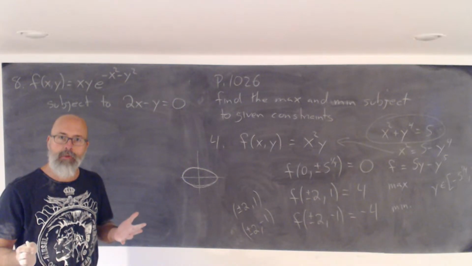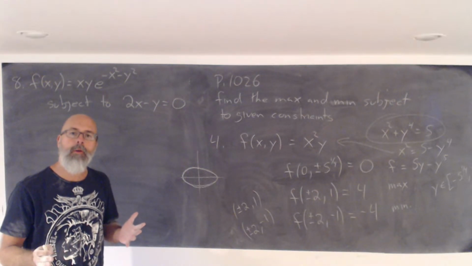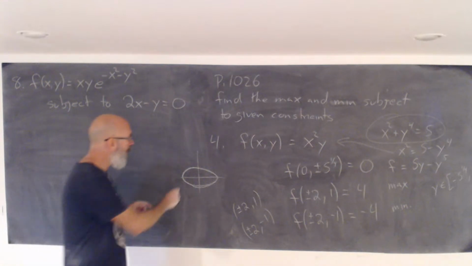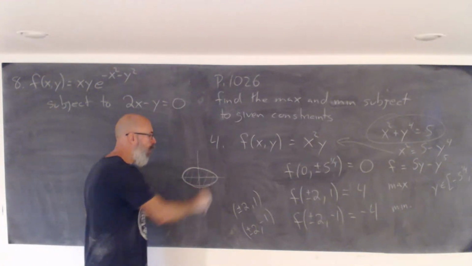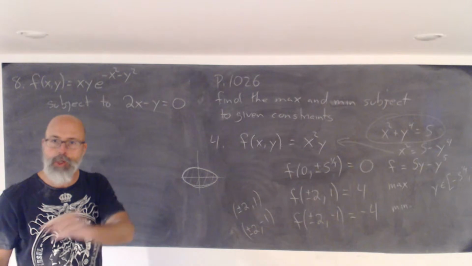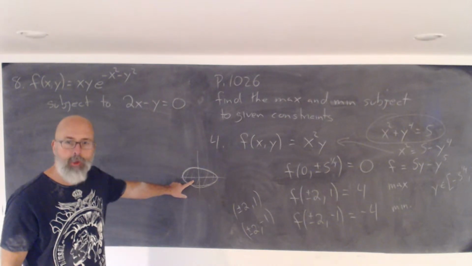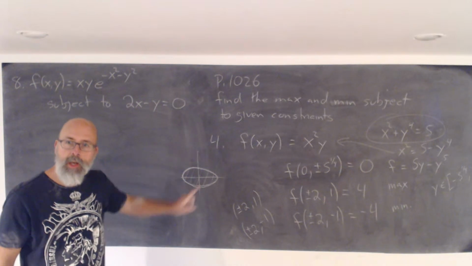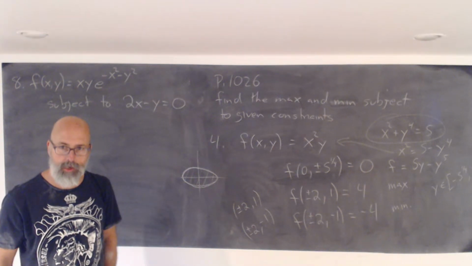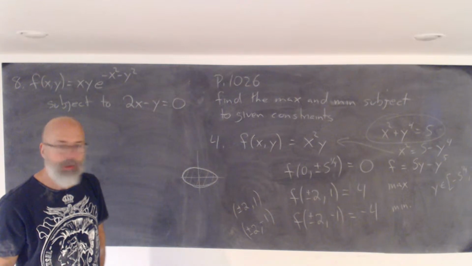Well, now you're asking the question, how do you know that they didn't want inside as well? How would the question have been formulated in that way to distinguish between wanting the inside and not wanting the inside? It's a valid question.